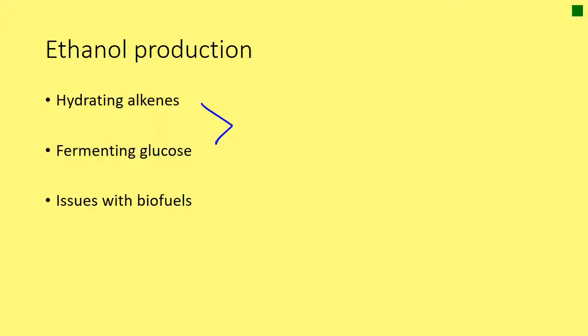And we've compared the pros and cons of those as well. We've also had a look at the issues of biofuels and established that it's not quite carbon neutral when you consider the processing that's involved in making it. Okay, hopefully that's been clear.